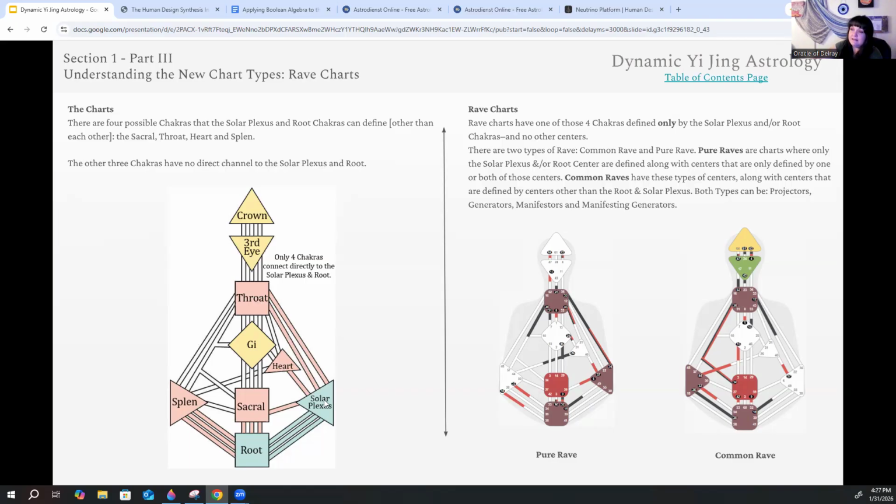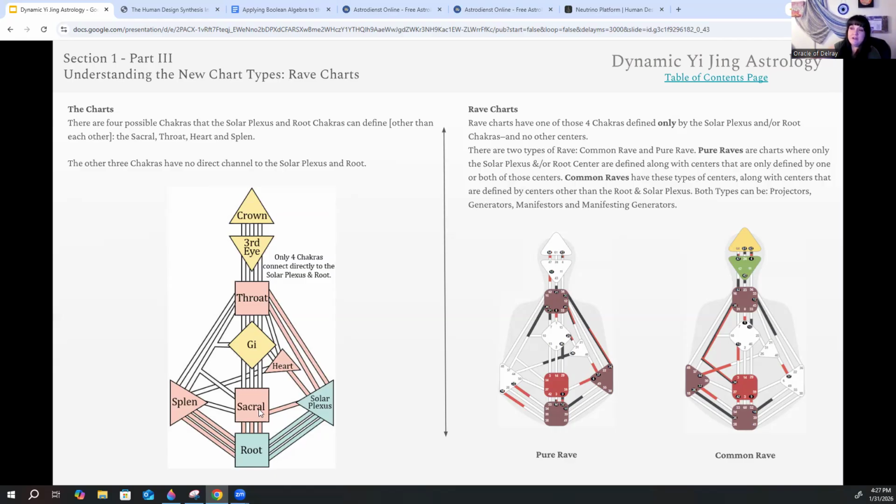They can directly connect, like the solar plexus and throat through this channel right here, or they can indirectly connect. So if the heart was activated to the G and the G was connected to the throat, that would be a manifesting connection. Just one of those 4 centers somehow connected to the throat gives it a manifesting connection.